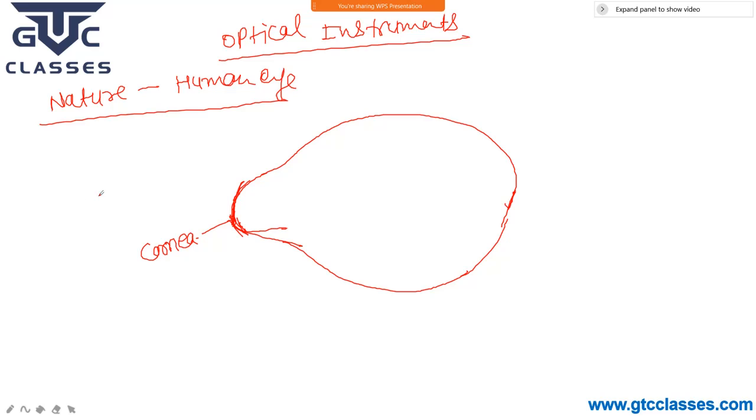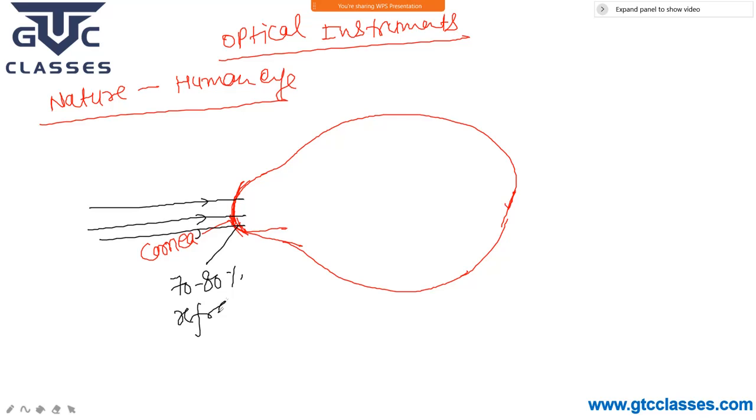Now when the light rays are coming from here, any kind of light rays, let's say like this, they get refracted first. 70 to 80% refraction happens at the cornea itself. Cornea does most of the convergence automatically, correct?